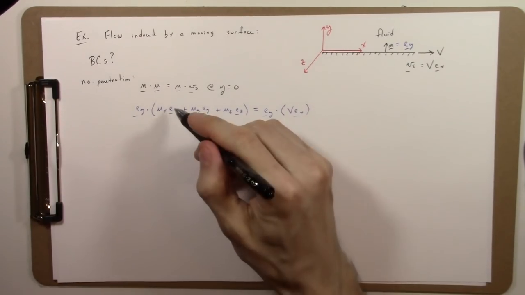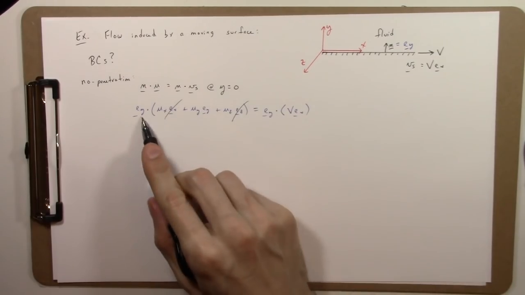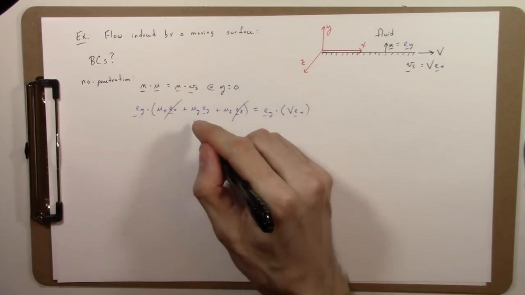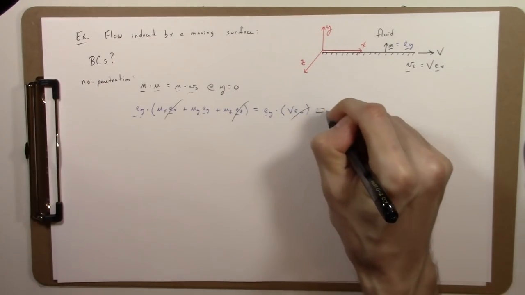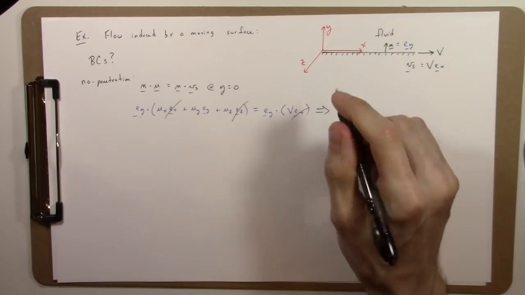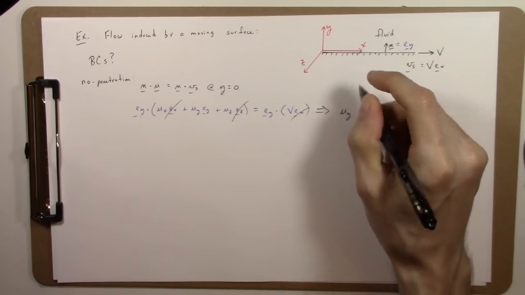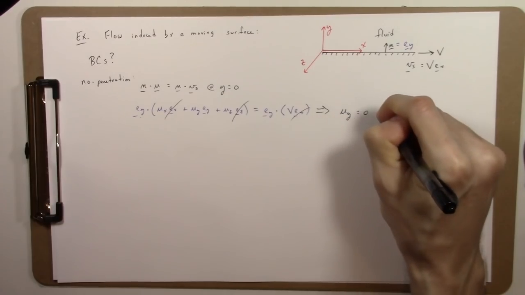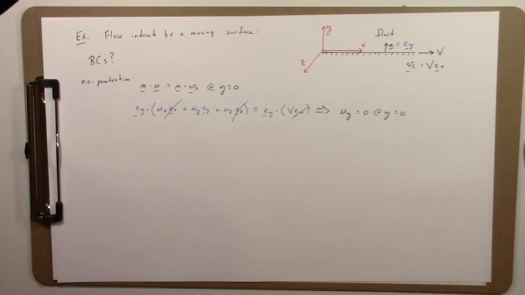Ey dot Ex is 0, Ey dot Ez is 0, Ey dot Ey is 1, so we get Uy, and Ey dot Ex is 0. So when we write this out, Uy is equal to 0 at y equals 0.